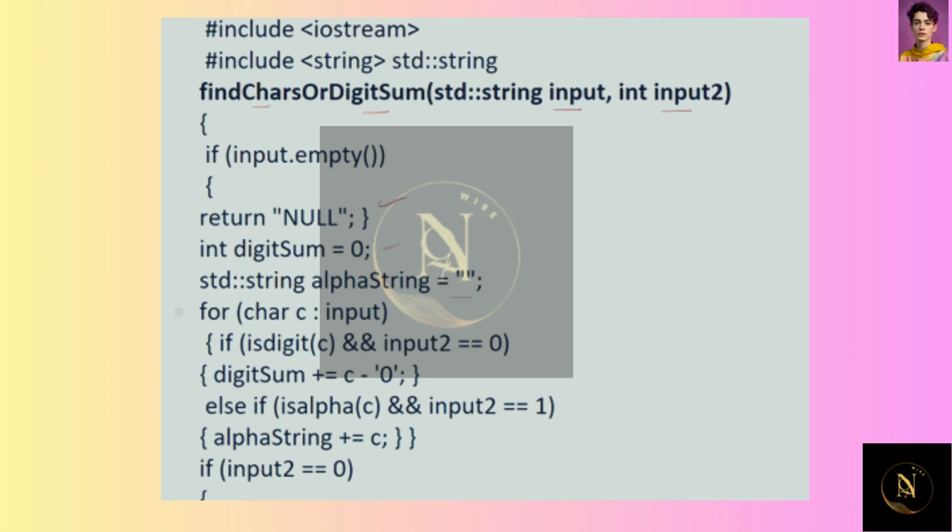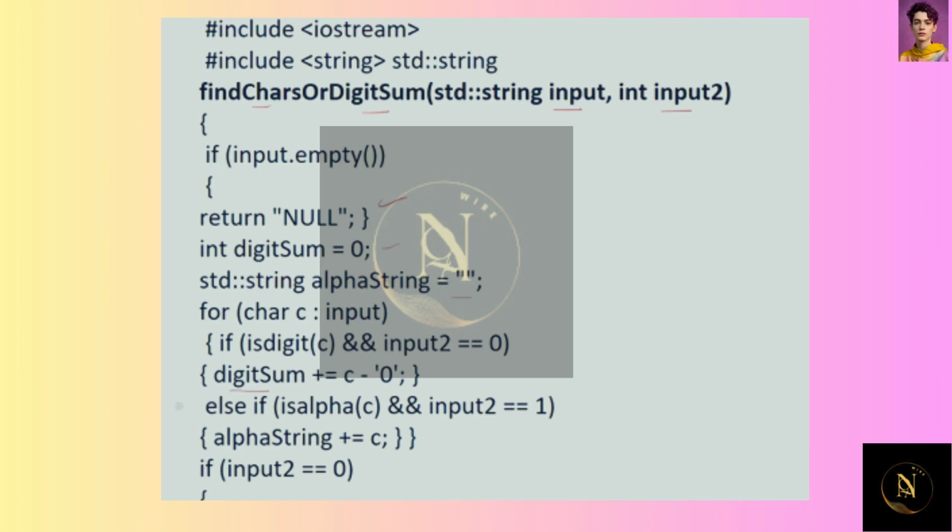Then a for loop so that we can count: if isdigit(c) and input 2 is 0, if both conditions are true, then we have to count the sum of the digits and store it in digit sum.